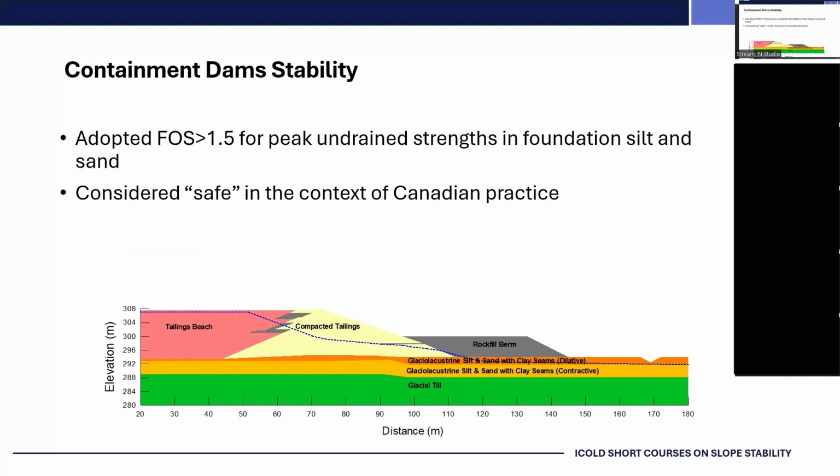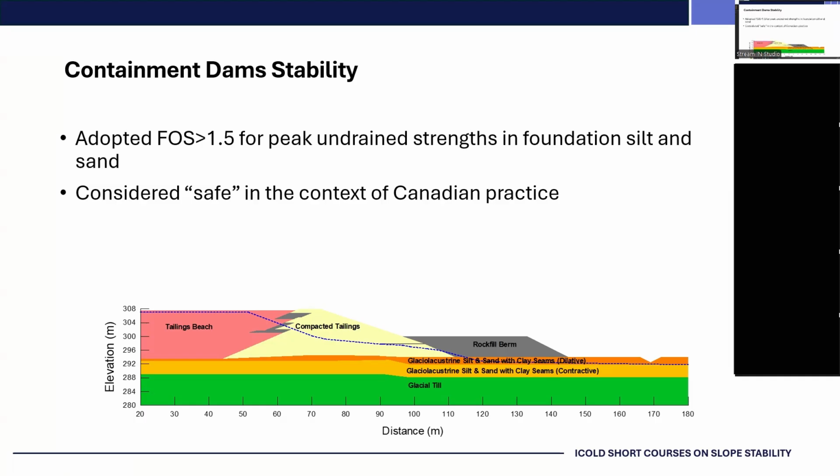So with that, we adopted the peak factor of safety 1.5 using peak undrained strengths in the foundation silty sand. And this is now considered safe in the context of Canadian practice. And Paul alluded to that in his comments, that in Canada, we're working on a definition of what we view as safe.